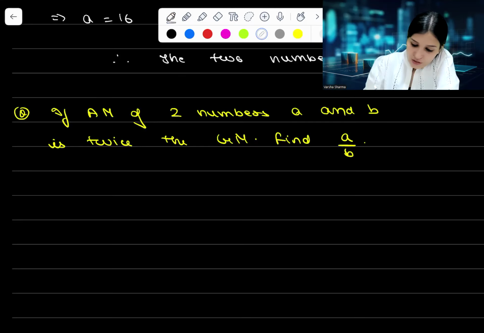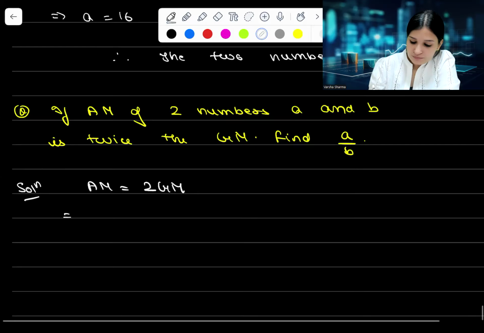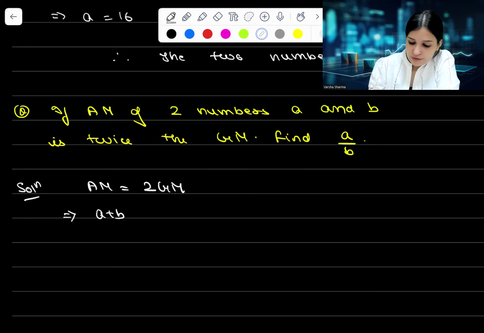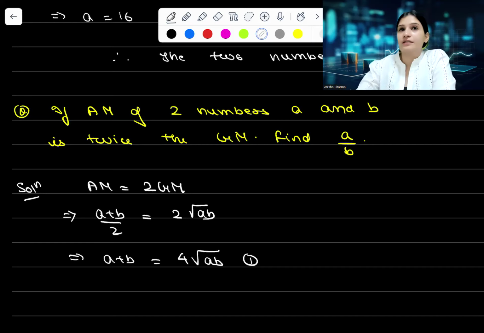Okay. So what is given? Arithmetic mean is twice the geometric mean. What is arithmetic mean of A and B? A plus B by 2. And what is geometric mean? Root over AB. So from here we know that A plus B is equal to 4 root AB.